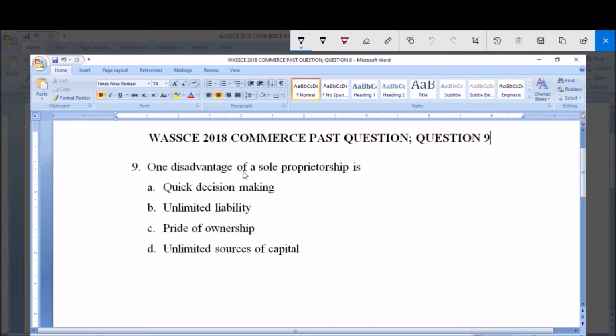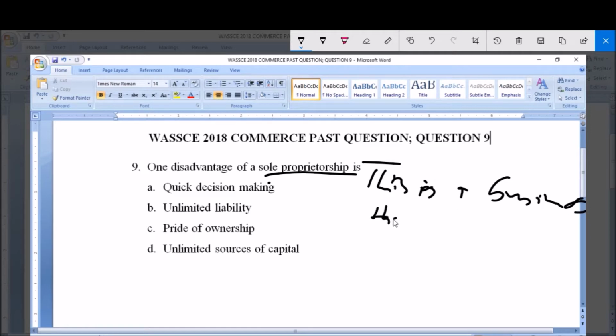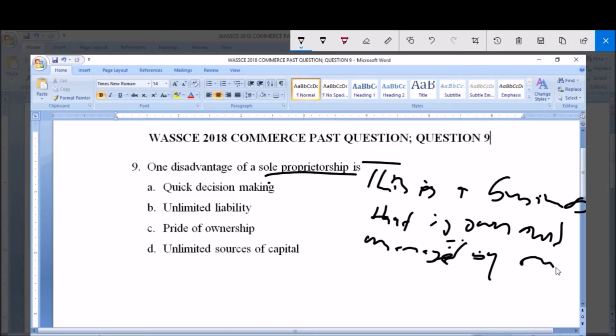Question number 9 says, one disadvantage of a sole proprietorship is dash. Now, when we talk of sole proprietorship, this is a business that is owned and managed by one person.